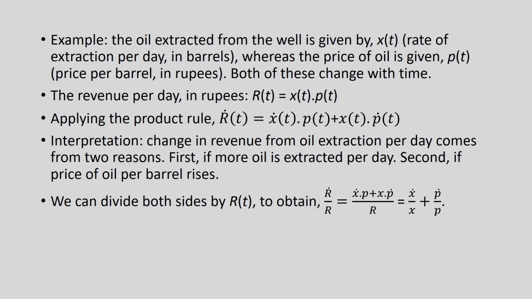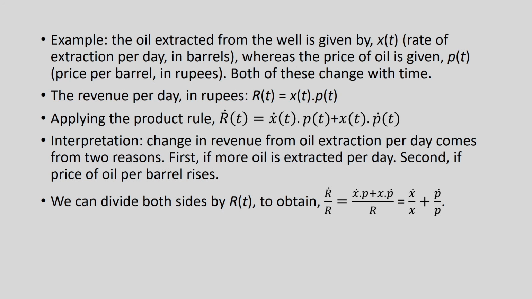Both of these, that is x and p, change with time. That is why they are functions of t. Now, the revenue per day in rupees will be what? Capital R(t) is equal to x(t) multiplied by P(t). The amount of oil being extracted per day, multiplied by the price of oil, gives you the revenue per day.